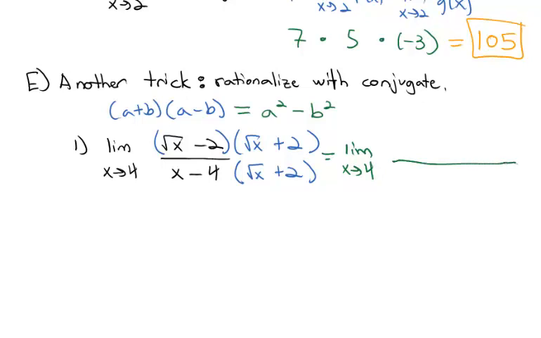Now in the numerator, that's going to result in this middle stuff subtracting out to 0 because of the plus and the minus. So we've got the first term squared. The square root squared is just the x, the inside stuff, minus the second term squared. 2 squared is 4. Keep the denominator factored, though. x minus 4 times the square root of x plus 2.